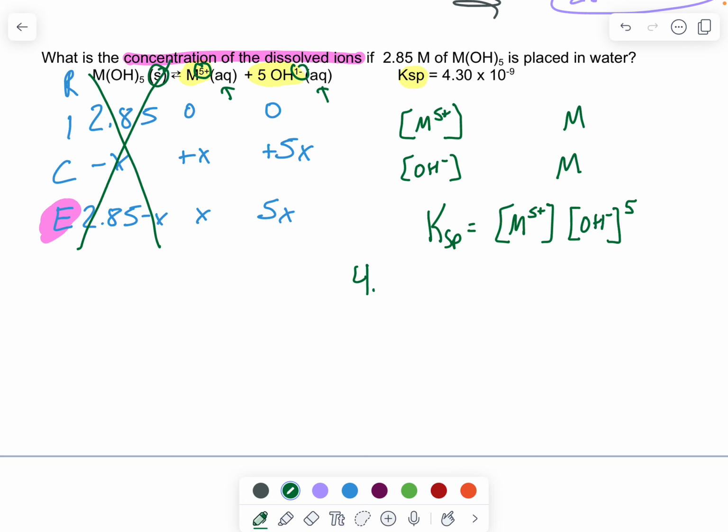I give you a KSP, and that KSP equals the equilibrium concentrations. Well, in my ICE table, I found the concentration of M is defined as x, and the concentration of OH is defined as 5x. Do not forget to raise that to the fifth because that power is there as part of the equation. So 5 to the fifth, right, is 25.